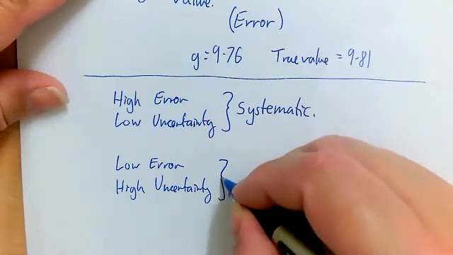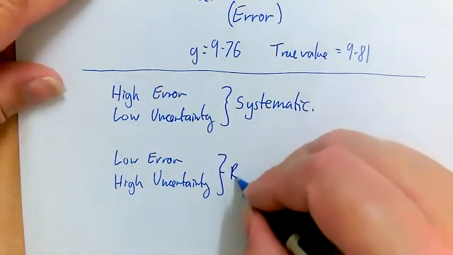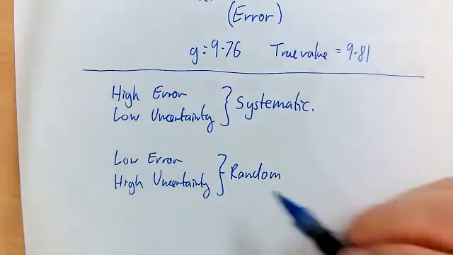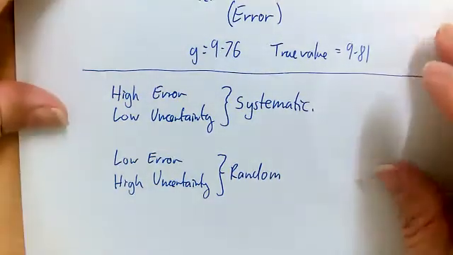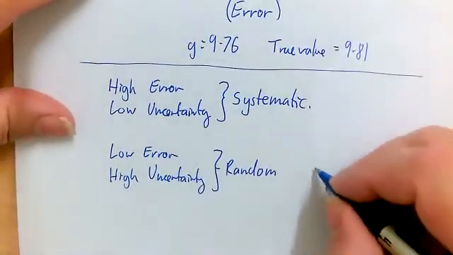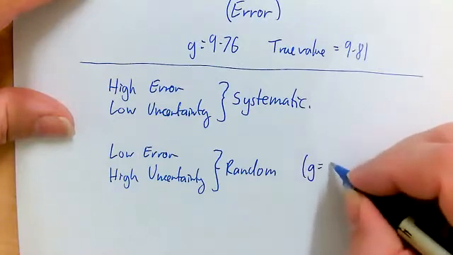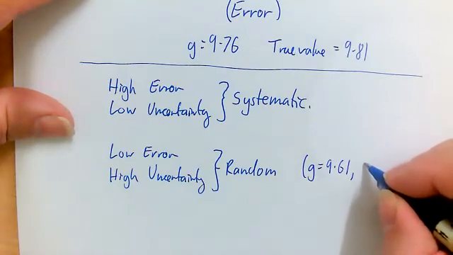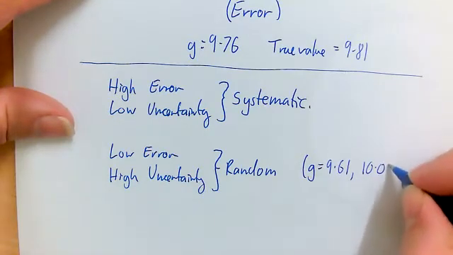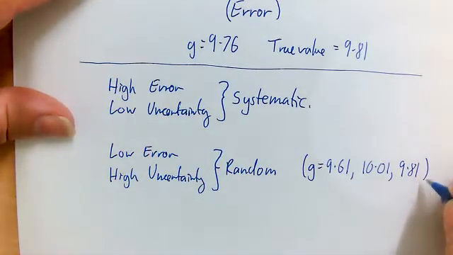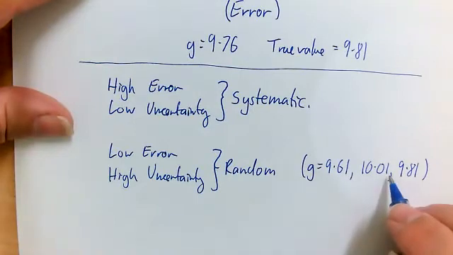Okay. If you have a low error, so your value is accurate, but a high uncertainty, that's what we call random errors. Okay, because if I measured the values to be, say, 9.61, 10.01, and 9.81 as my three values, they're very, very different.